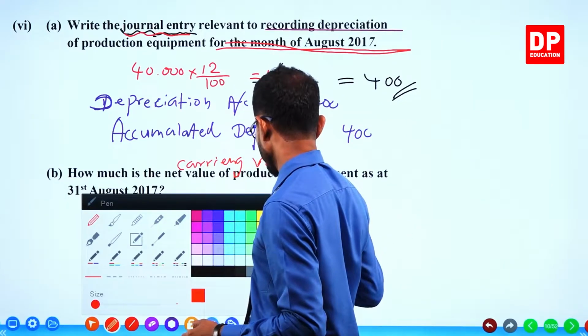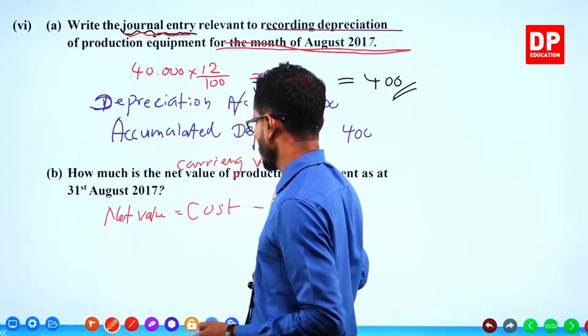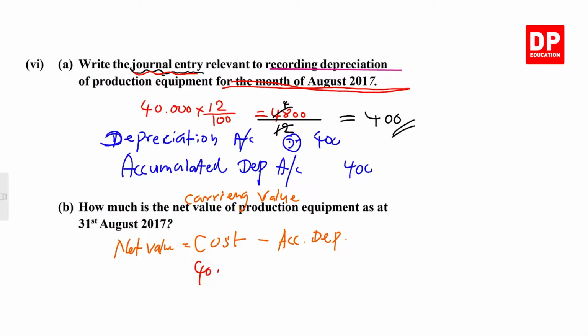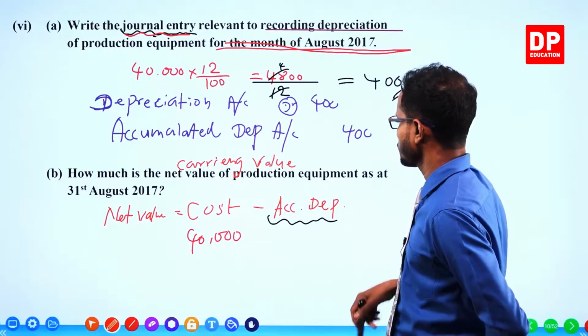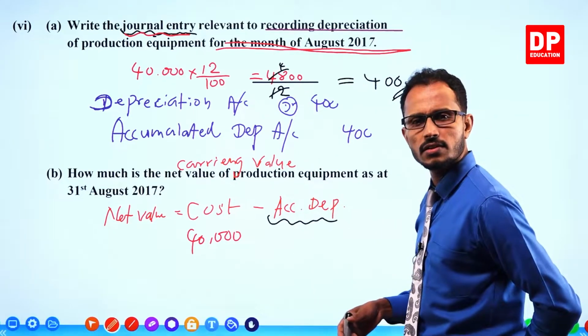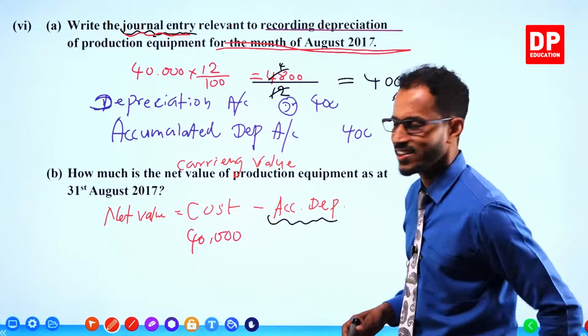Cost is 40,000. We know that. Cost is 40,000 minus how much is the accumulated depreciation? We just calculated it. Yeah, we did here.